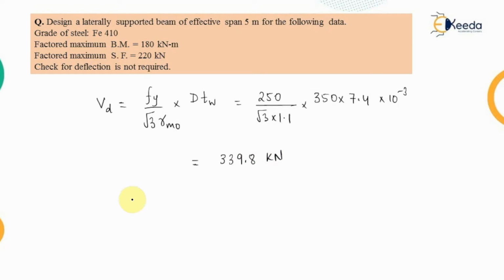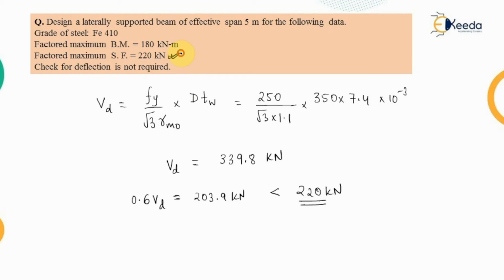Now if we take the 0.6 VD value, because that is to be compared for the low shear or the high shear case, calculating 0.6 of this 339.8 value, it comes out to be 203.98 kilonewton, which is less than the externally applied shear force, which is 220 kilonewton.